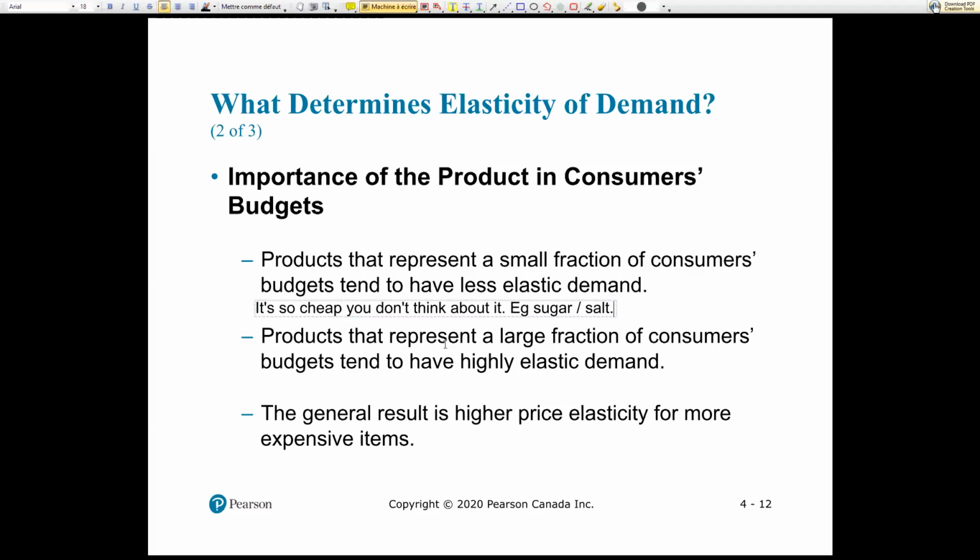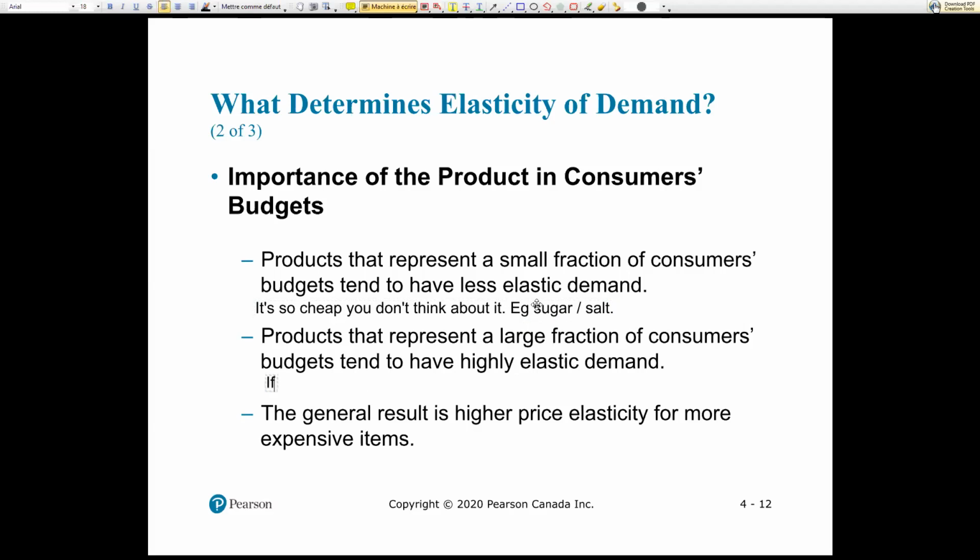And then, products that represent a large fraction of consumers' budget tend to have a higher elasticity of demand. So again, I could pick any brand of sugar. Maybe something is a bit more expensive or not, I don't really care.